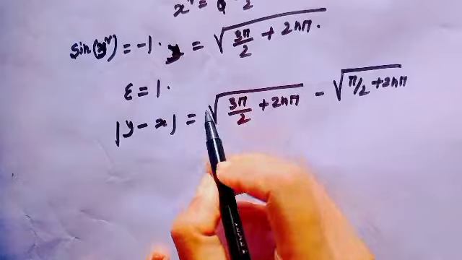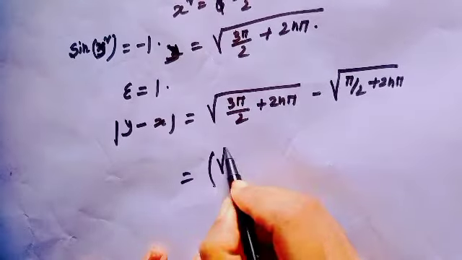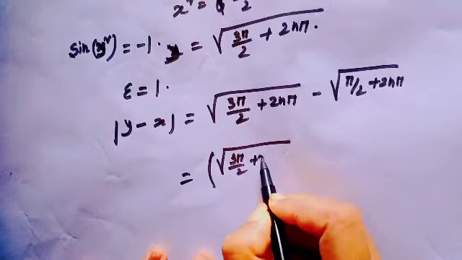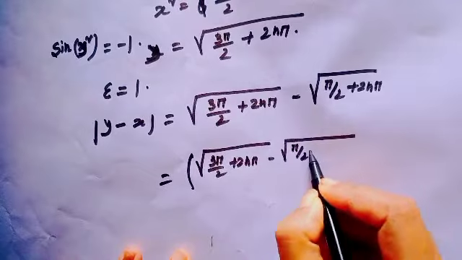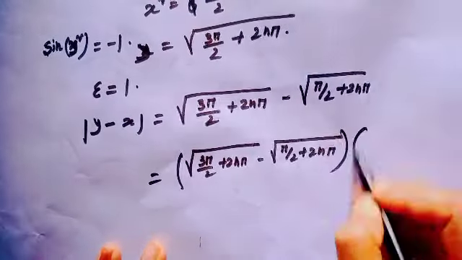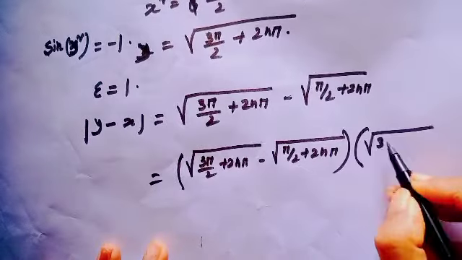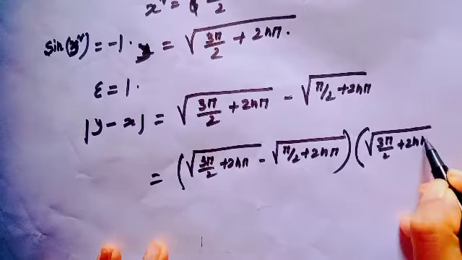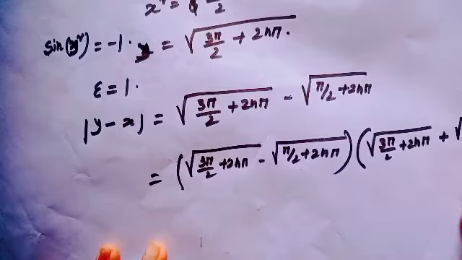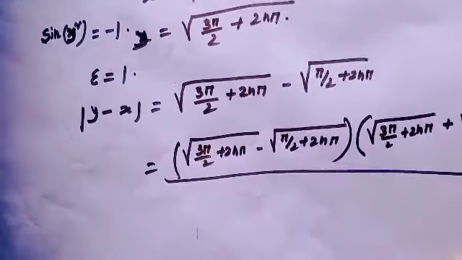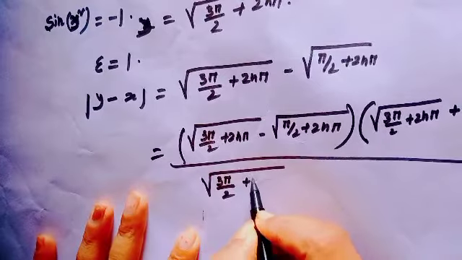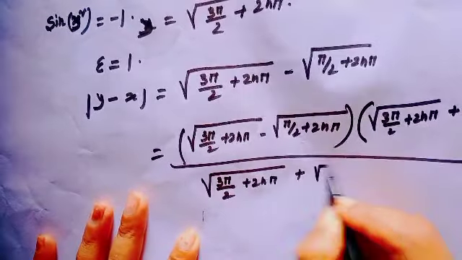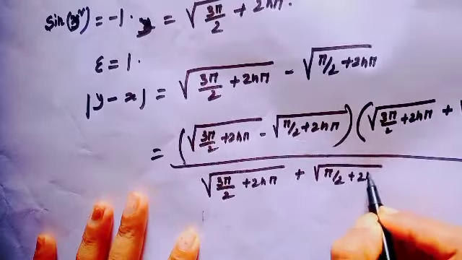Now after calculating, this would be (3 pi over 2 plus 2n pi minus pi over 2 plus 2n pi) times (square root of 3 pi over 2 plus 2n pi plus square root of pi over 2 plus 2n pi), divided by (square root of 3 pi over 2 plus 2n pi plus square root of pi over 2 plus 2n pi).